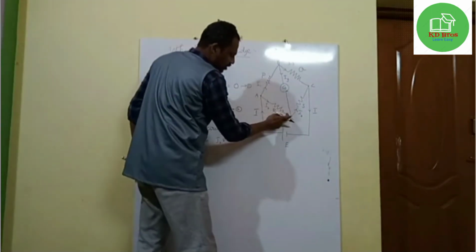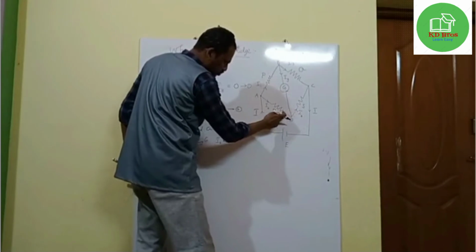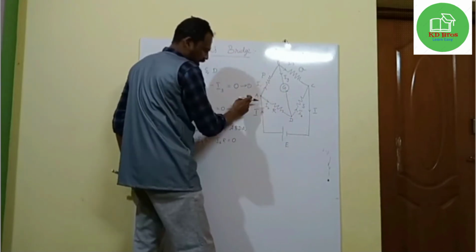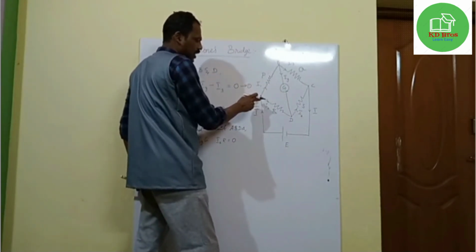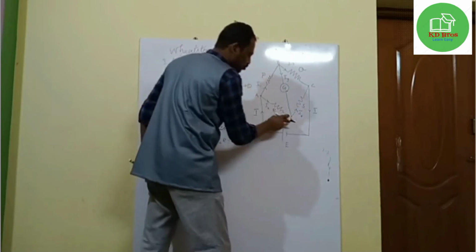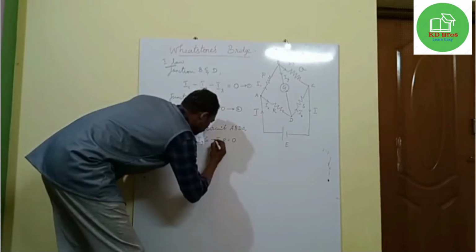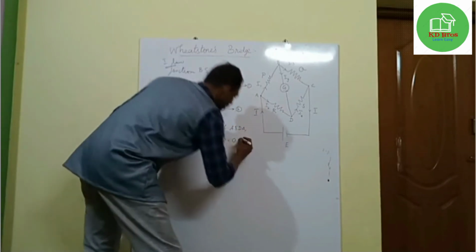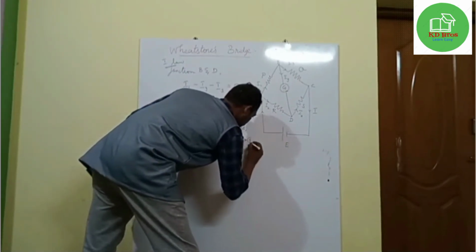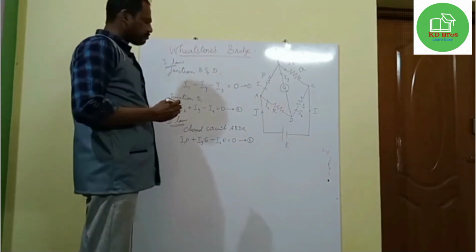Then I2 R is supposed to pass across the DA direction, but actually the current passes from A to D in anti-clockwise direction, so it is denoted as negative. This is equation number 3.